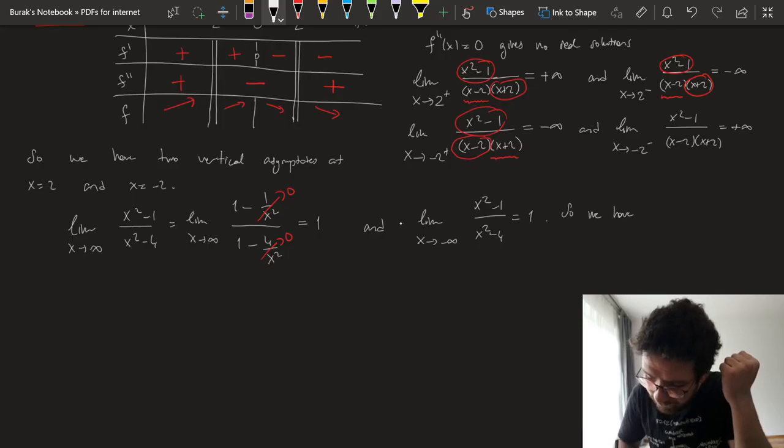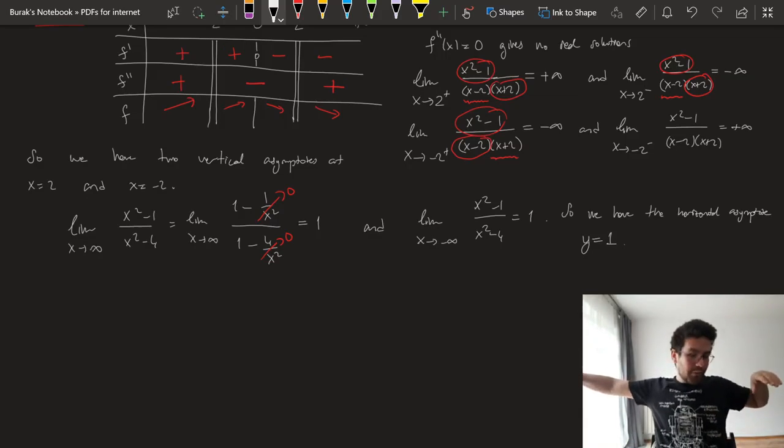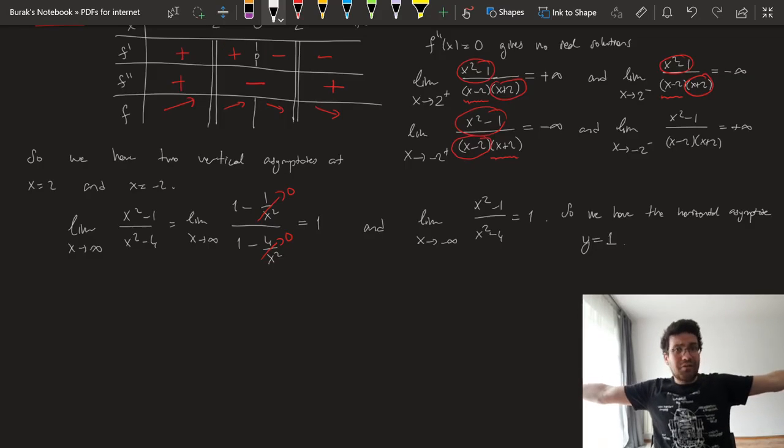So we have the horizontal asymptote y equals 1. Now, the limit of this at positive infinity is 1. The limit of this at negative infinity is 1. So I have horizontal asymptotes, which means that there can't be any oblique asymptotes, okay?